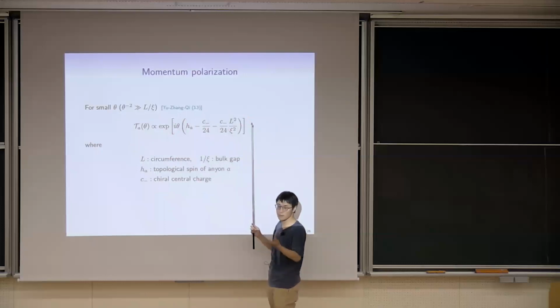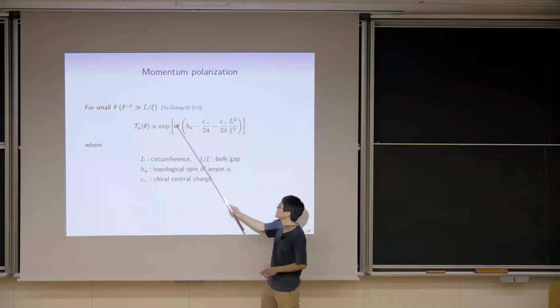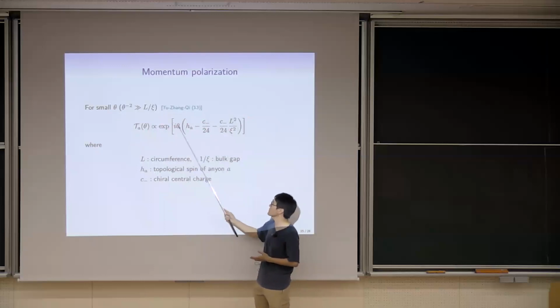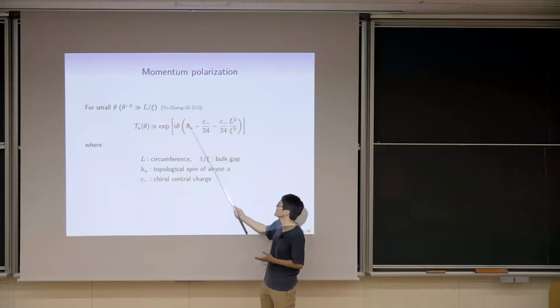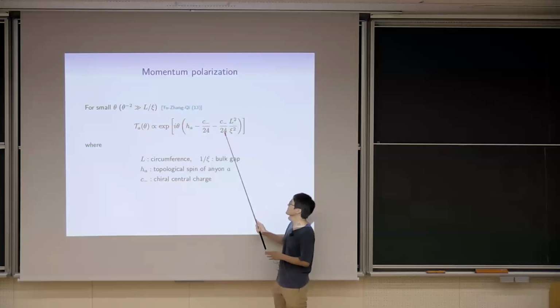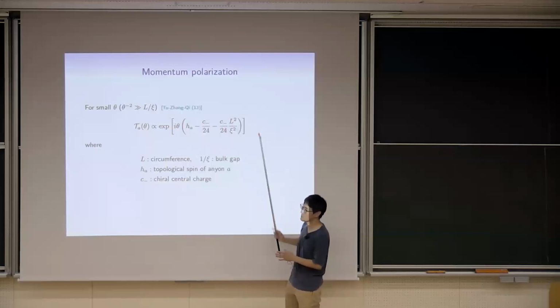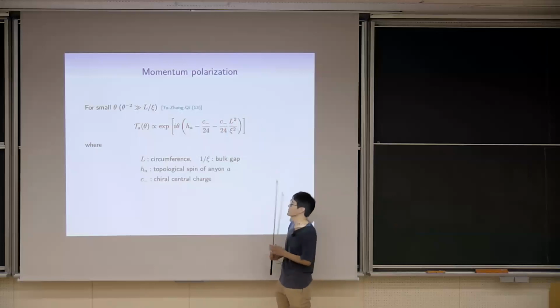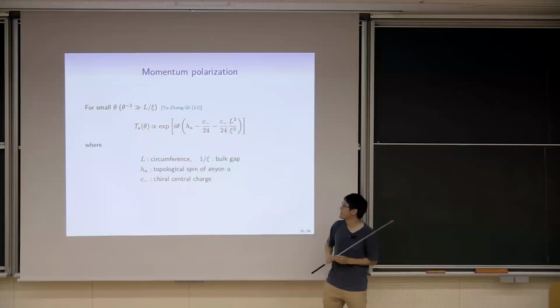It captures the chiral central charge, and if I consider some topological ground state, it also captures the spin of anyon, and there's another interesting part which is related to Hall viscosity, but I won't mention this for the interest of time now.